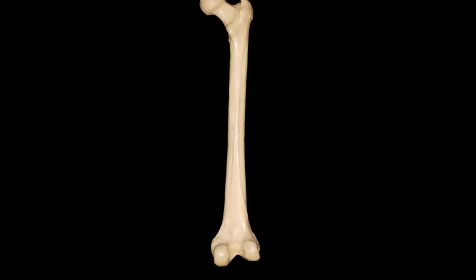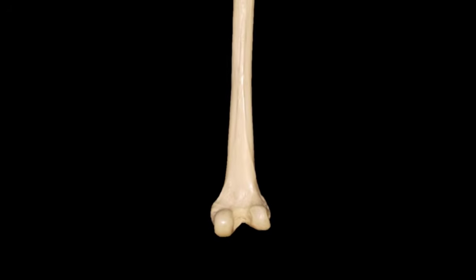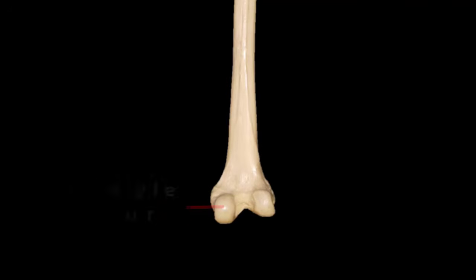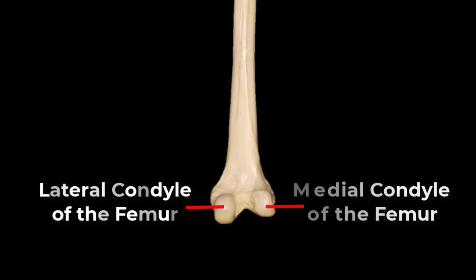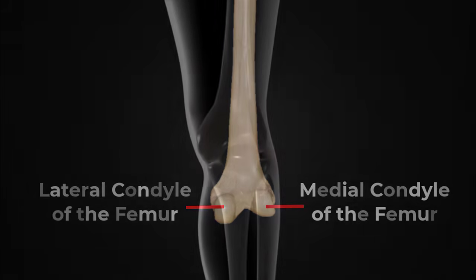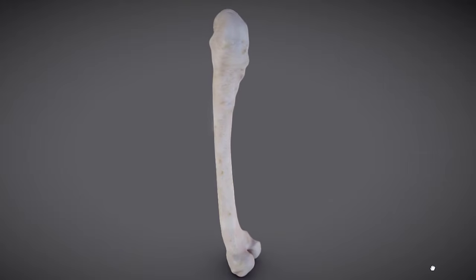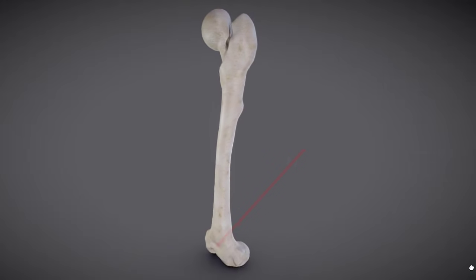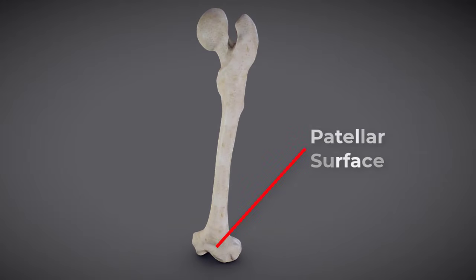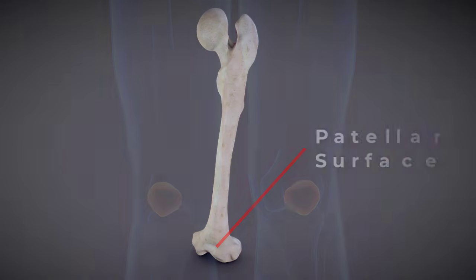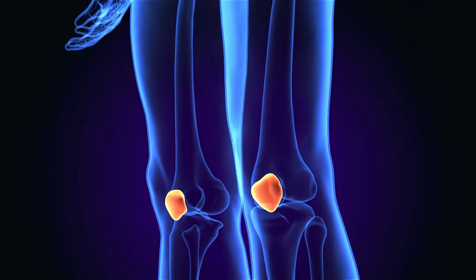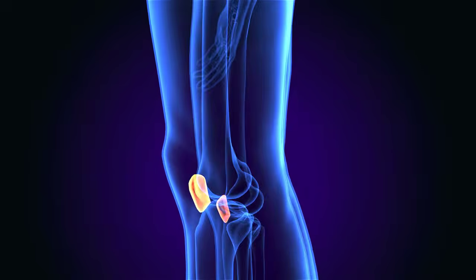The distal end of the femur has the medial and lateral bony expansions, called the lateral and medial condyles of the femur. The lateral and medial condyles articulate with the tibia to form the knee joint. Anteriorly, the smooth surfaces of the condyles join together to form a wide groove called the patellar surface. The patellar surface provides for articulation with the patella bone.